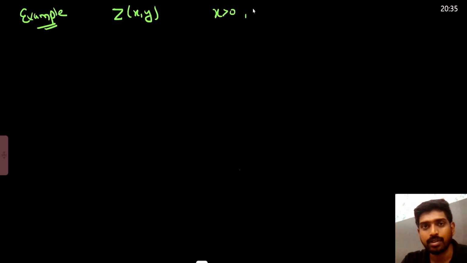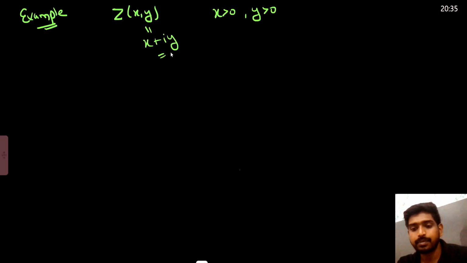One example. Suppose they've given z, x comma y is a complex number. They have given x is also positive, y is also positive. This represents a complex number, x plus iota y. Got it?